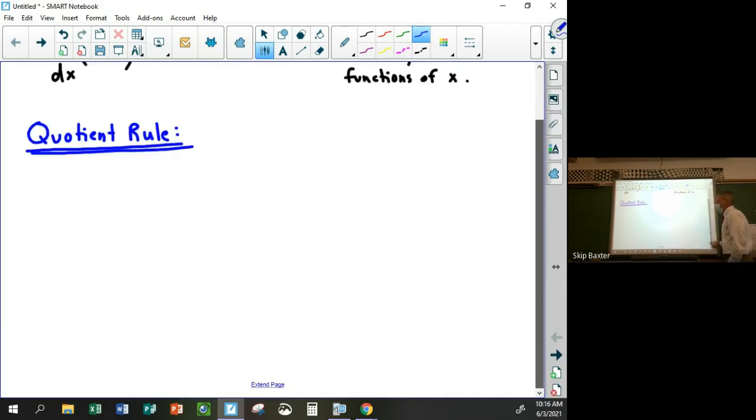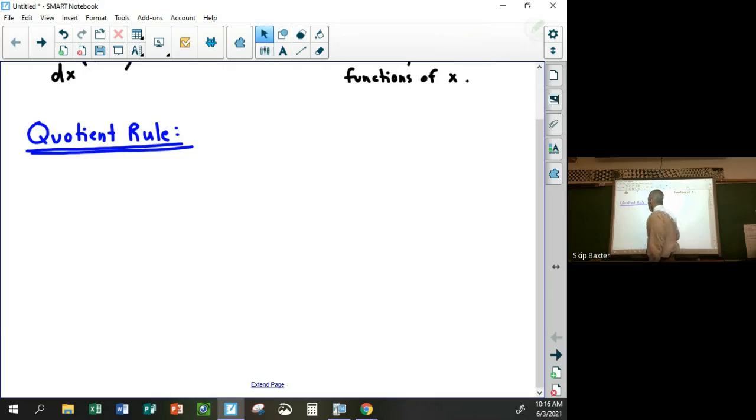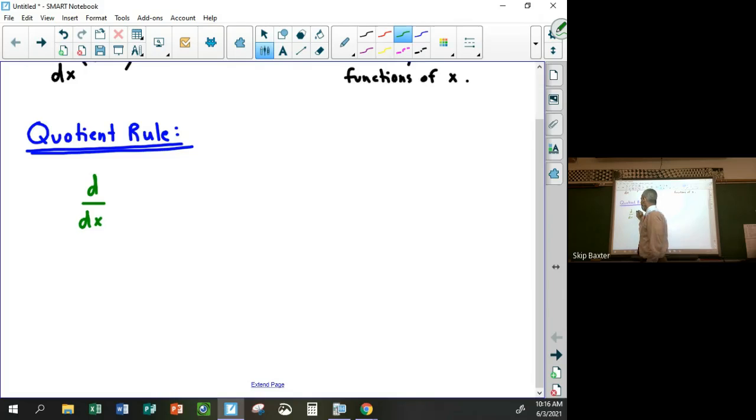Which, again, the normal sum difference rule doesn't work. The derivative of u over v does not equal u prime over v prime. That definitely doesn't work. And here's proof of that really quickly.